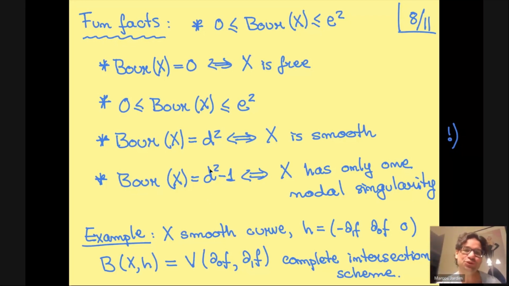If this formula was true for cuspidal curves, a cuspidal cubic would have Bourbaki degree equal to 2. But it's not. It's equal to 1. So we don't have a formula for one cuspidal singularity. What is true is that if a curve has n nodal singularities, then the Bourbaki degree is d squared minus n. But we don't have a converse for that, right? If the Bourbaki degree is d squared minus n, that doesn't imply that it has n nodal singularities in general.